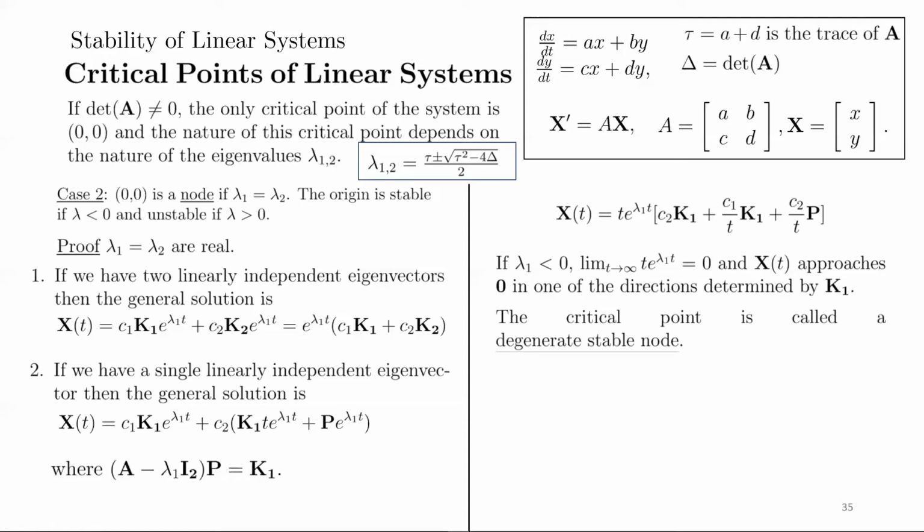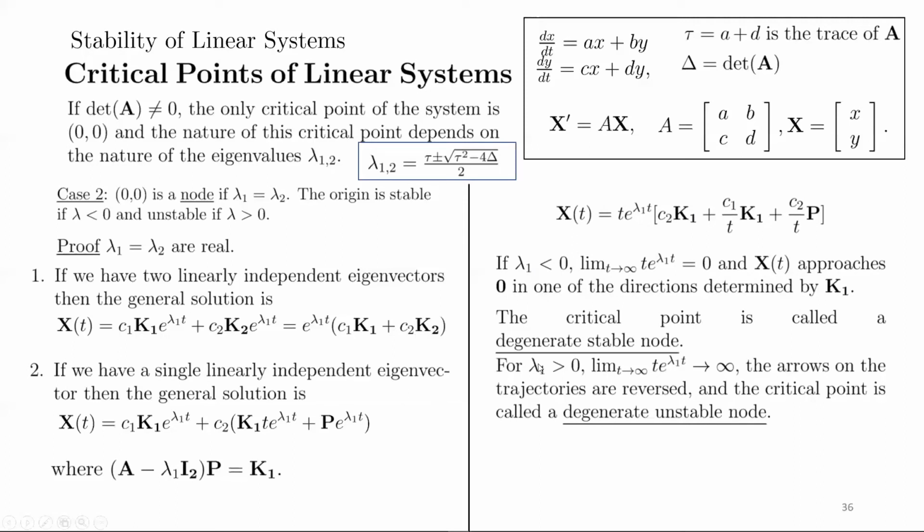Okay, so the critical point is again called a degenerate stable node. Stable because it is approaching the origin, which is the critical point. But of course, for lambda 1 greater than 0, both of these terms go to infinity as t goes to infinity. An exponential of something positive times t is going to infinity. So for lambda 1 greater than 0, this thing diverges to infinity, and we get a degenerate unstable node.